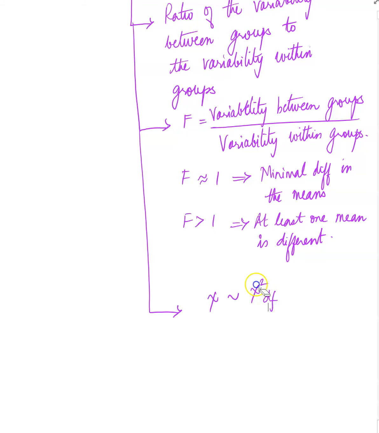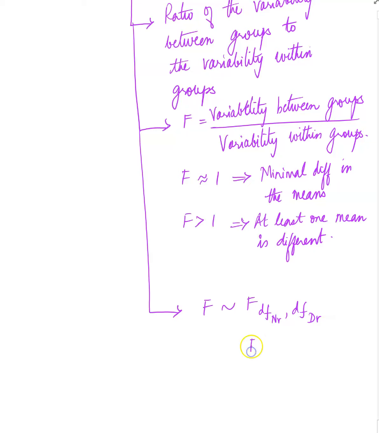Likewise, here you have F that follows an F distribution with degrees of freedom from the numerator and degrees of freedom from the denominator, because it is a ratio of variability. You'll have degrees of freedom from the top and from the bottom. That is what makes this different from every other distribution we've seen, because all other distributions had just one degree of freedom.